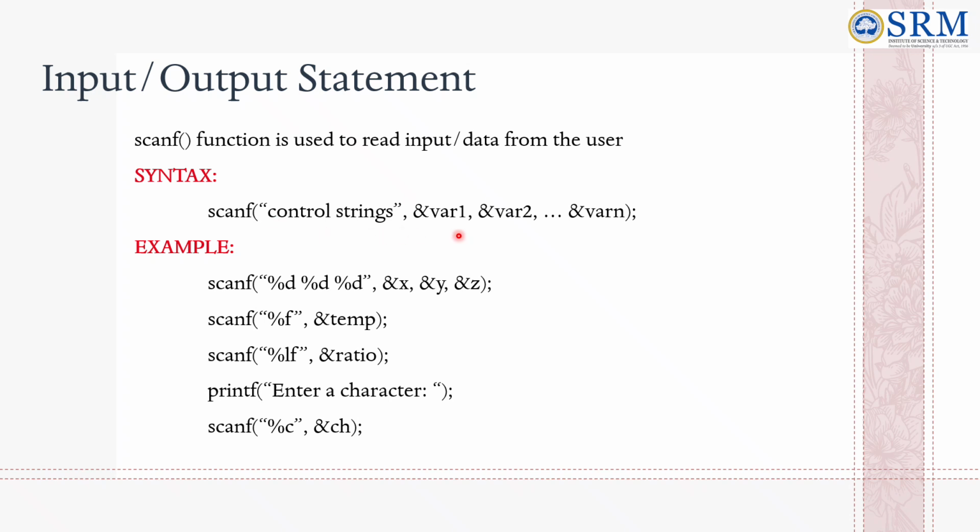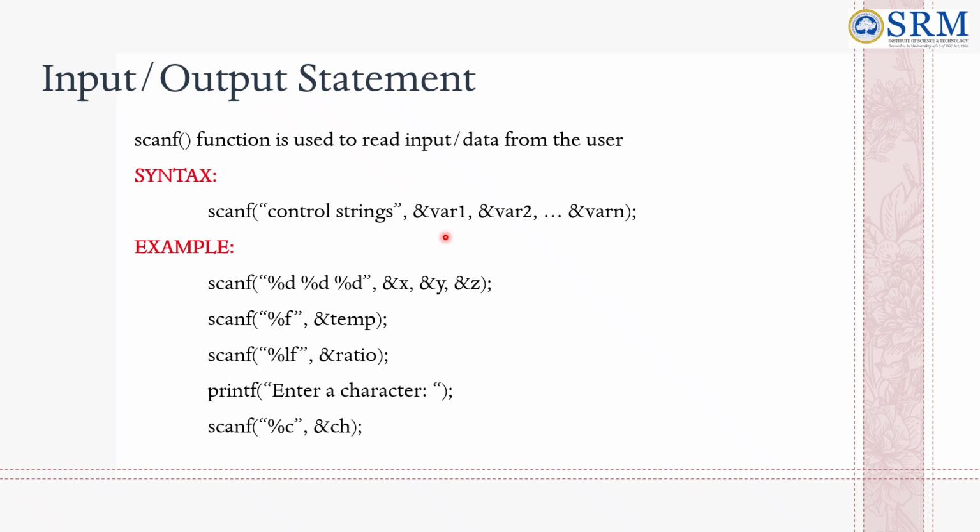Within the parenthesis, we have the control string. We know that any string is one which is enclosed within double quotes. So the control string must be enclosed within double quotes, followed by a comma and followed by all variables separated by comma, and before every variable name there is an ampersand symbol.